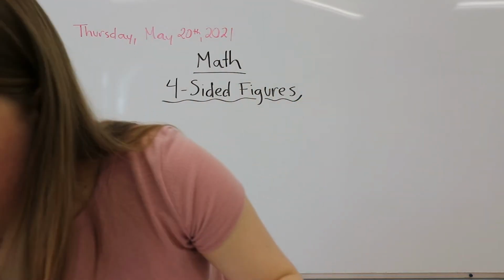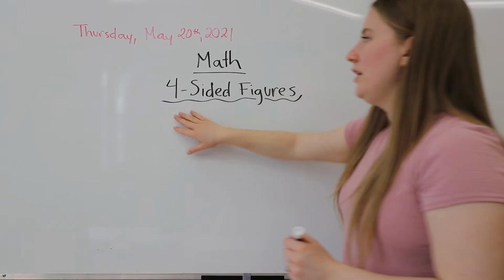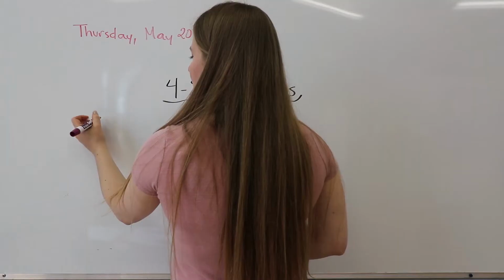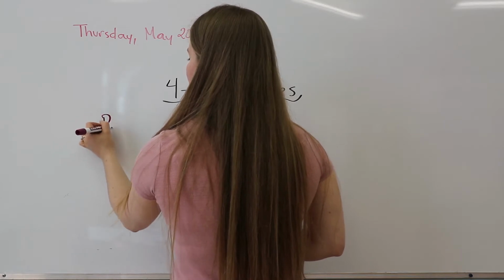So we're going to take a minute and we're going to write that rule down. You can continue on with the note that we started yesterday. We're going to call it Parallelogram Rules.